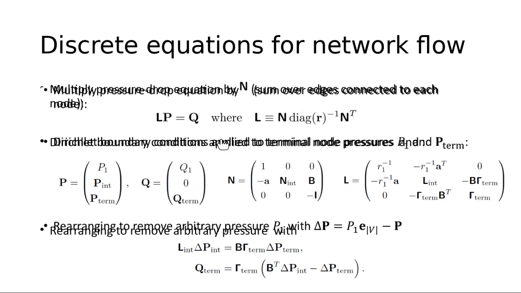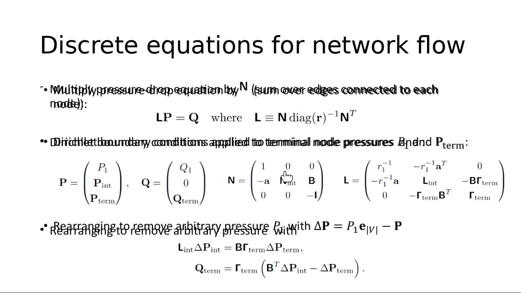So if you want to then work out what the flow is over the whole network, you can multiply that equation again by the incidence matrix, and what you find is you get the Laplacian multiplied by the pressure is equal to the flow on the node, this capital Q, where the Laplacian, in this case, so I said the Laplacian before was incidence multiplied by its transpose, this is the conductance Laplacian, so it's those two matrices, but it's got this inverse. It's scaled by the inverse resistance of the airways.